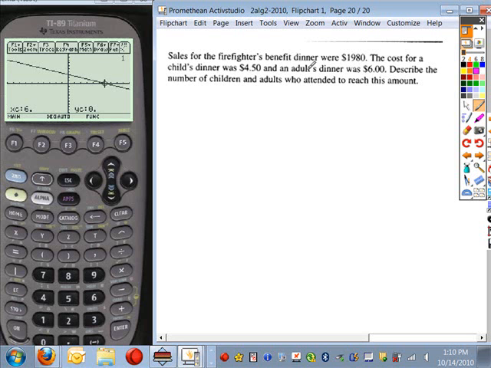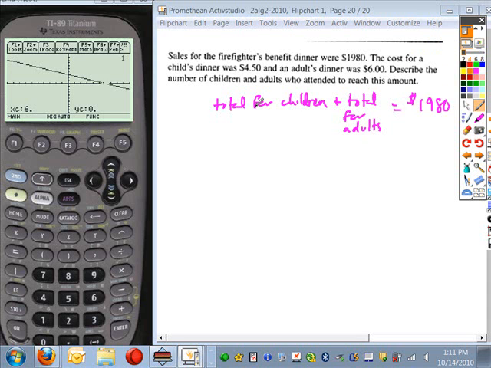If you were looking to do this, you know that the total for the children plus the total for adults has to combine to equal what? 1980. Okay, and so what relationship could you use to find what the total for children is?